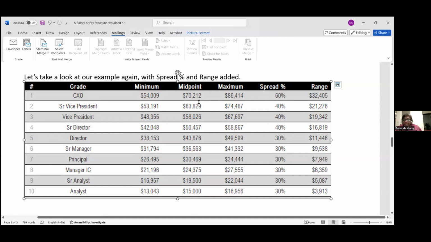You already have the pay line, which is the midpoint. Then develop salary ranges. Do you want an overlap or not? It depends on the group, how they want to discuss it. The manager should be paid 30% more than the midpoint salary. How will you create a salary range for that? You can keep it as 30%. Any clarifications before you get into the group?